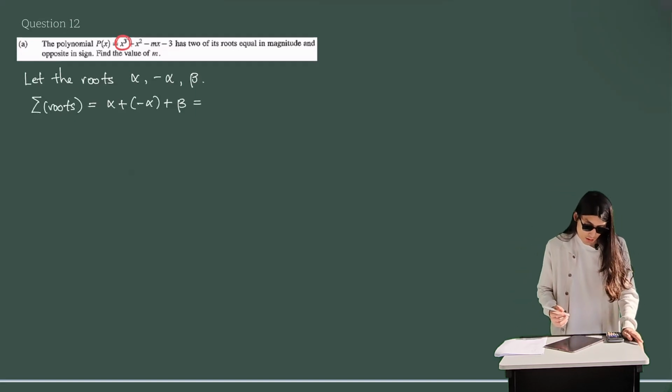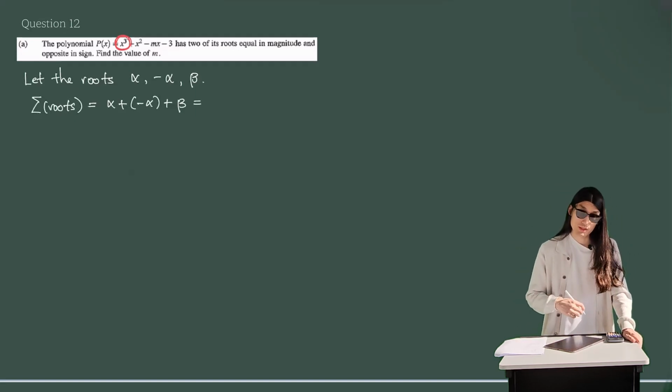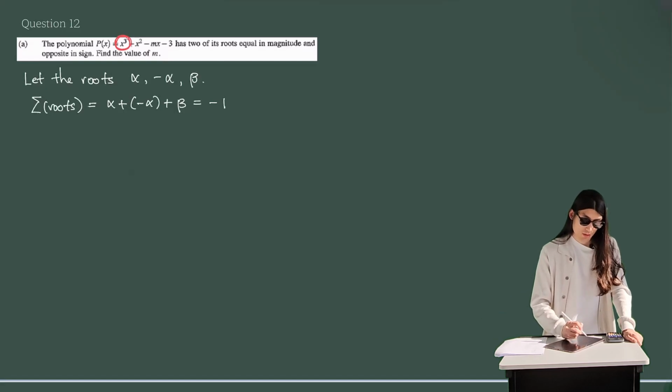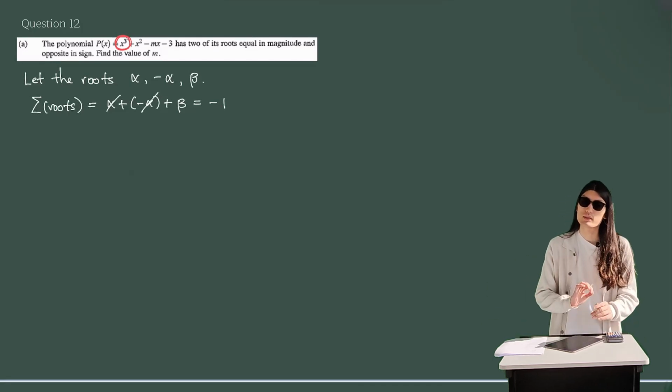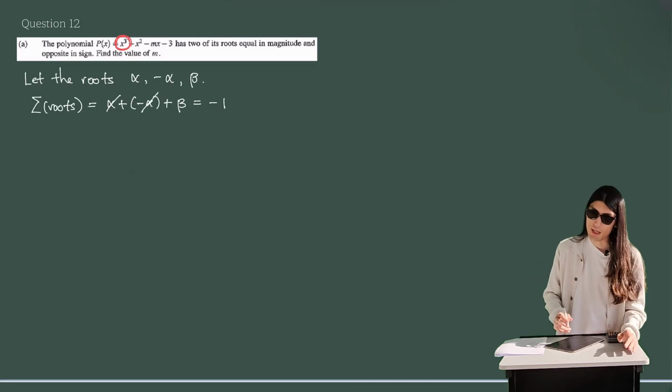Now both of them are 1 for this polynomial, isn't it? So negative 1 over 1 would give negative 1, wouldn't it? And that means because alpha and minus alpha cancel, that means beta is equal to minus 1. Okay, and here guys is the reason why, right?